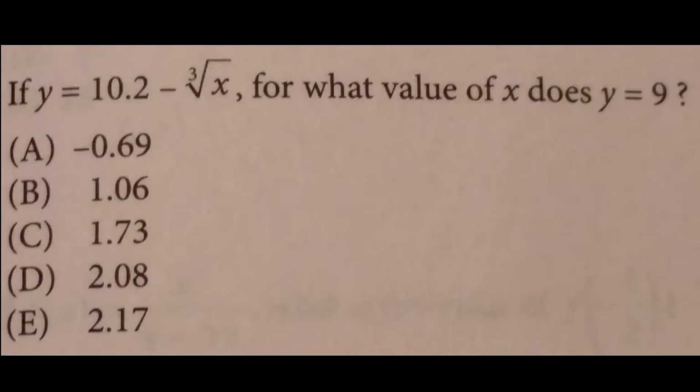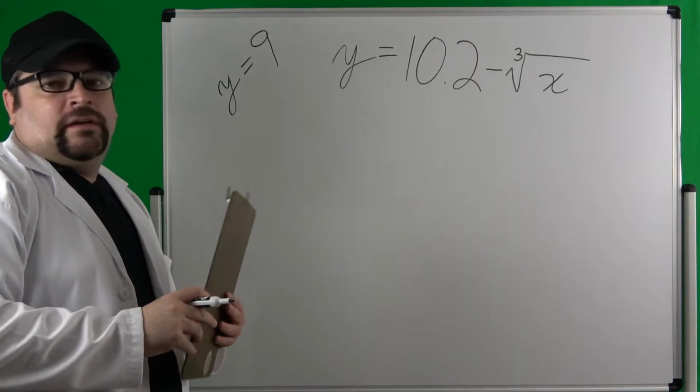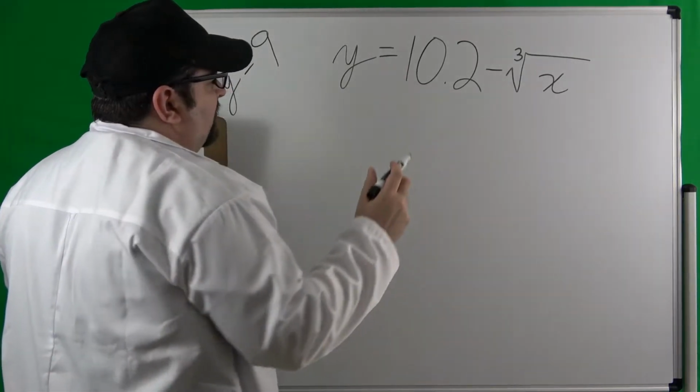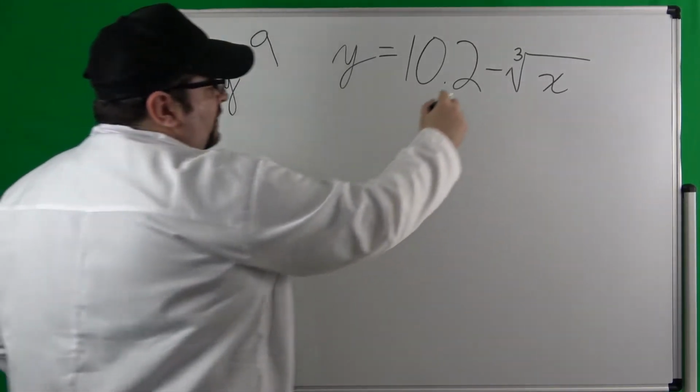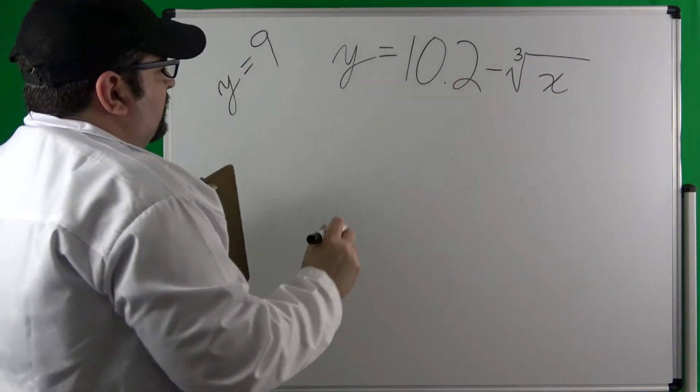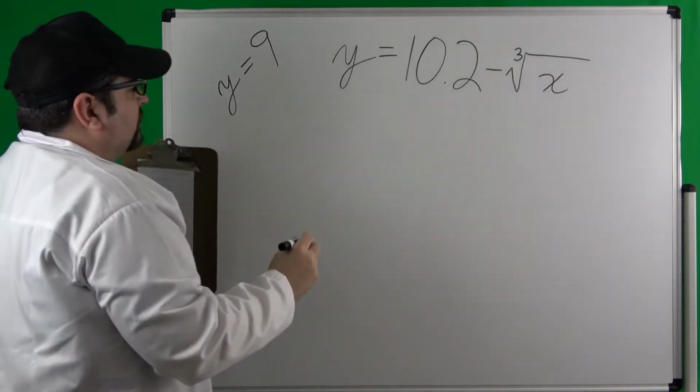If y equals 10.2 minus the cube root of x, for what value of x does y equal 9? So, okay, this one doesn't seem so bad unless you're scared of the radicals or the cube roots. So we have our equation, we know that y equals 9.